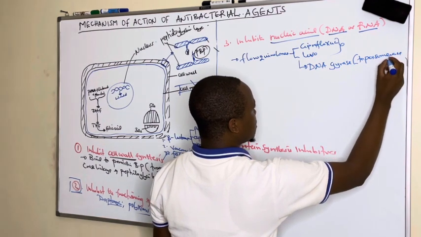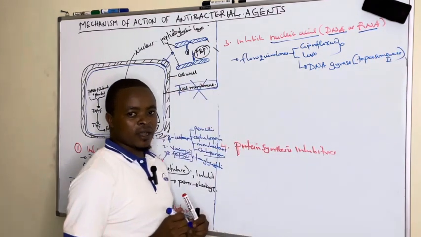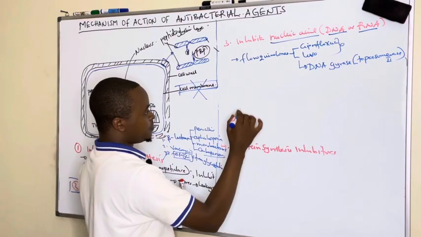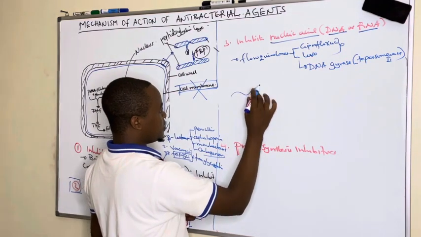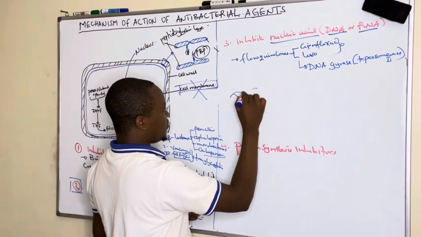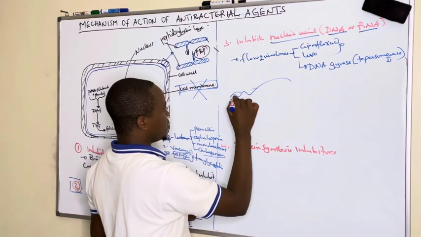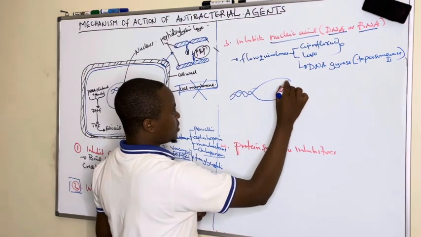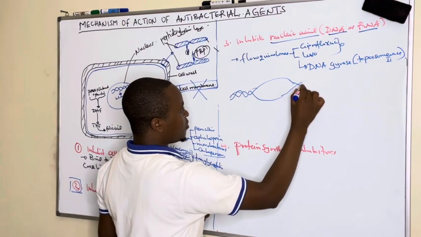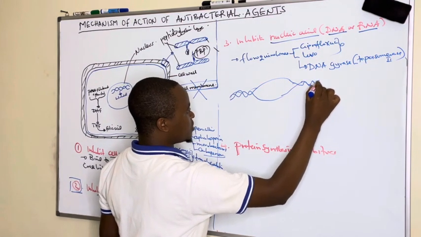Topoisomerase 2. In case we have DNA during replication, along the replication fork there is always the formation of supercoils.